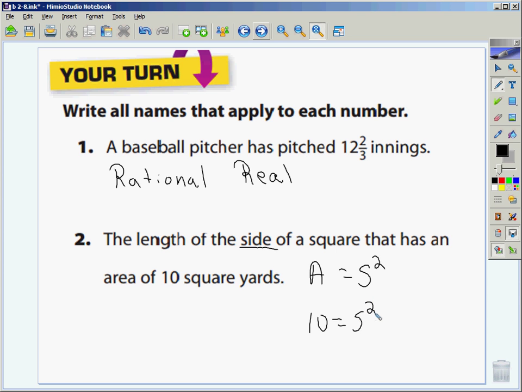What's the opposite of squaring something? So the side is equal to the square root of 10, which is a little bit more than 3. Okay? Well, classifications. It's definitely irrational.